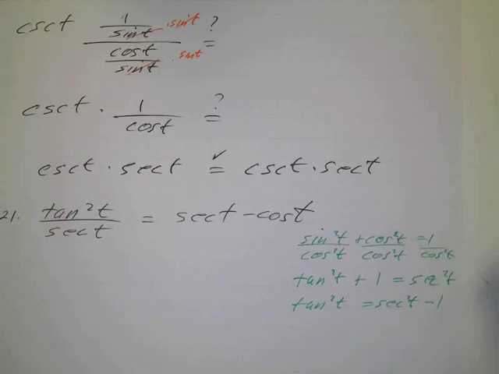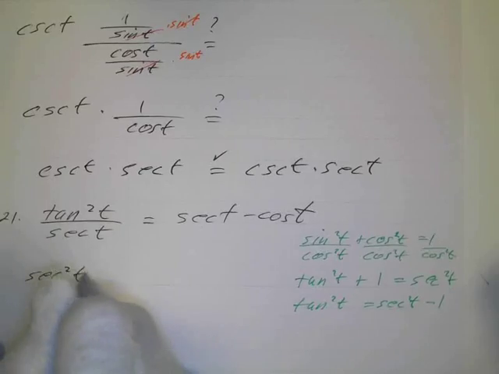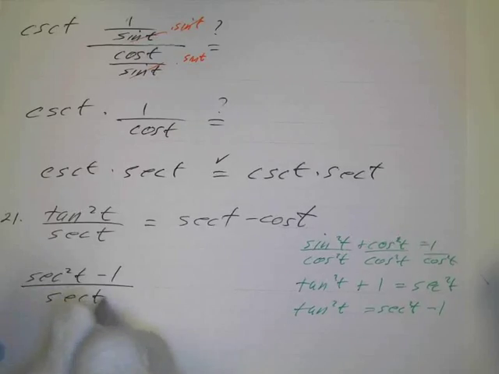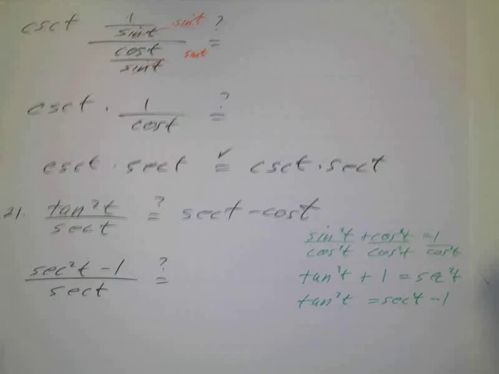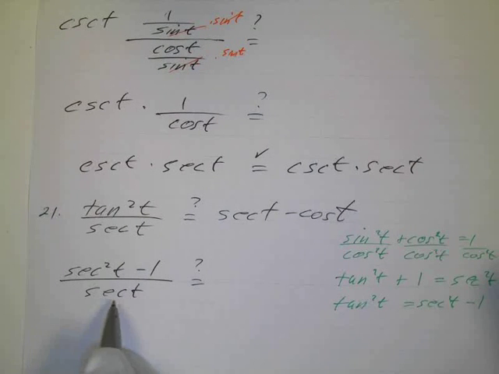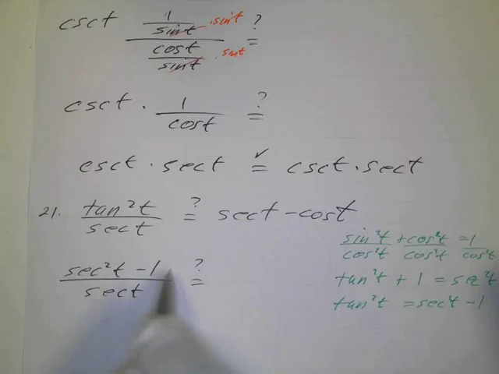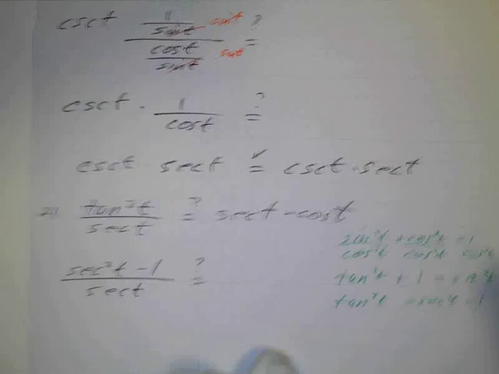Instead of writing the tangent squared of t, I'll write this: the secant squared of t minus 1 all over the secant of t. Now, this is the secant squared over the secant, so that's going to give me a secant, and 1 over the secant is the cosine, so I can probably see how it's going to work out. Doesn't look too bad.